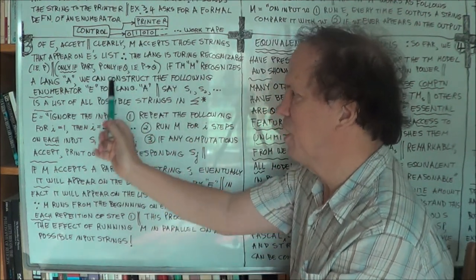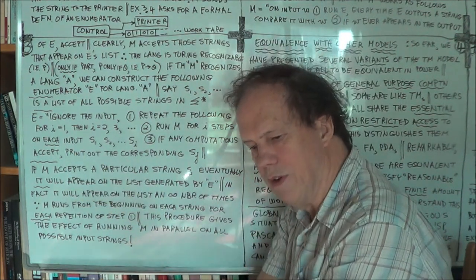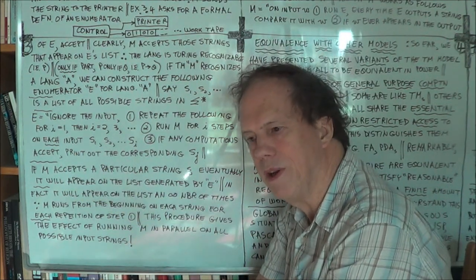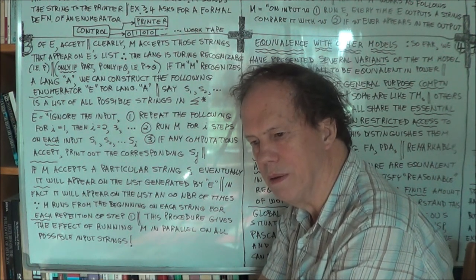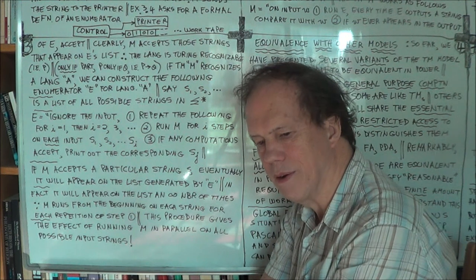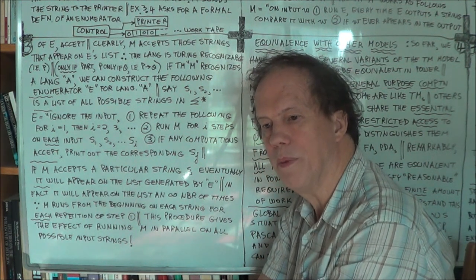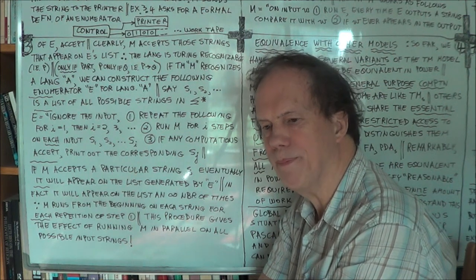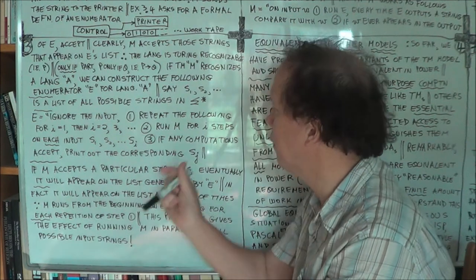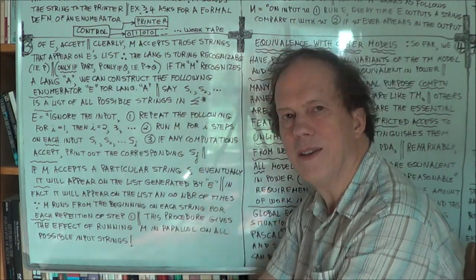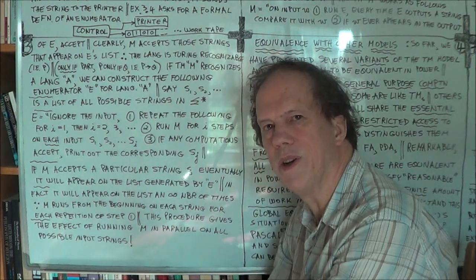So that's preliminary. Now we're given a standard machine M, and we've got to find an equivalent machine E, an enumerator that prints out all those accepted strings. If the standard Turing machine M accepts a string, then you want the enumerator E to print it out.